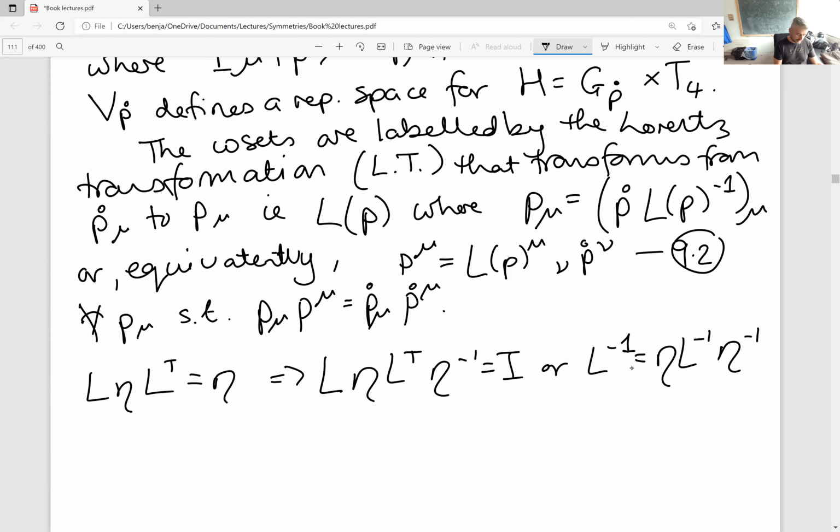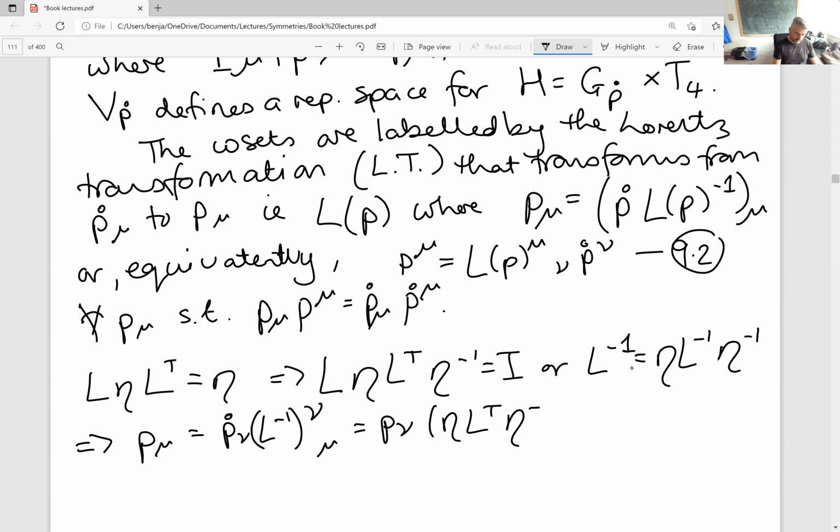Okay, so this means that P mu, which is P dot nu L to the minus 1 nu mu, well, we can substitute in for L to the minus 1 now, and we get P dot nu eta L transposed eta to the minus 1 nu mu.